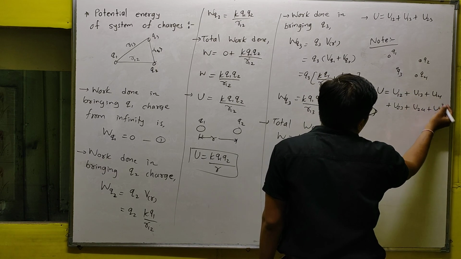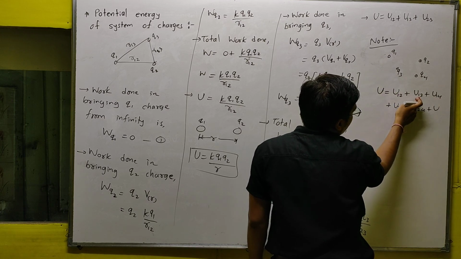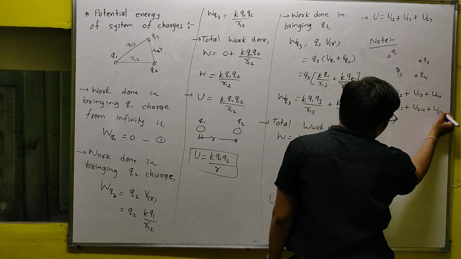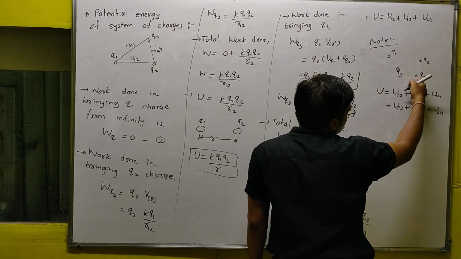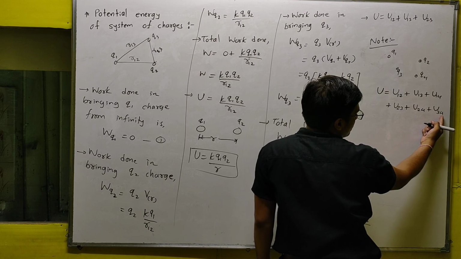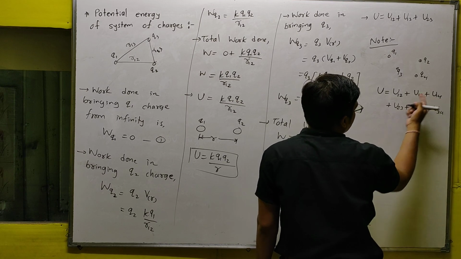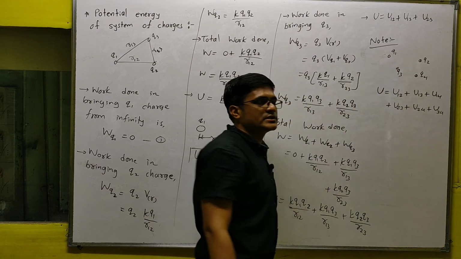Now the third charge: pairs with 1 and 2 are done, so make it with 4. For the fourth charge, the pairs are already done: 4 with 3, 4 with 2 and 4 with 1. So this is the total energy of a system of 4 charges.